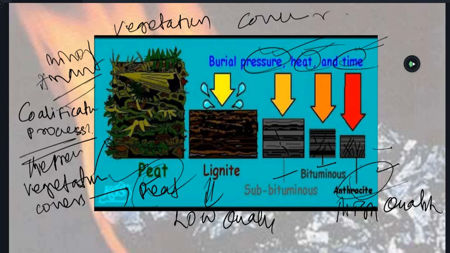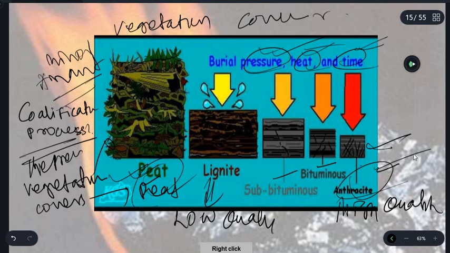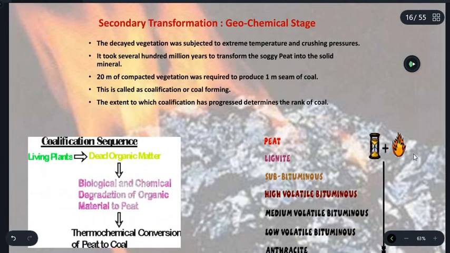How peat will form, how lignite will form, this is not qualification process. Qualification process है vegetation cover से कैसे peat form होता है. That is all about the qualification process. But ranking and quality depend upon the entire stage from the peat to anthracite. Clear? Qualification process क्या है? Clear ना? Yes, sir. Okay. So some transformation is also there through geochemical activity.